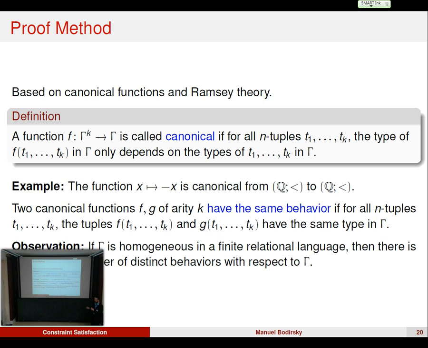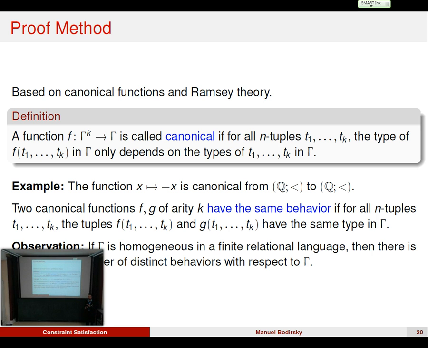Because to know an n-type, you actually only have to know the sub-m types where m is the maximal arity. If m is the maximal arity, you look at where the relations are. Homogeneity will give you the type by the m subtypes. So we'll only have finitely many canonical functions, and these canonical functions are very nice to work with combinatorially.